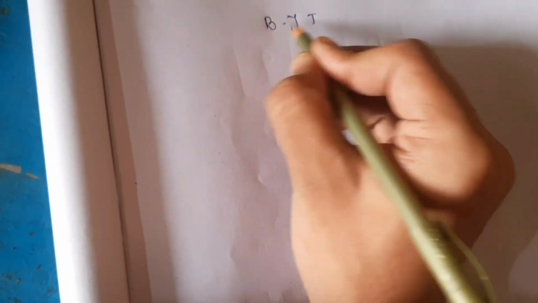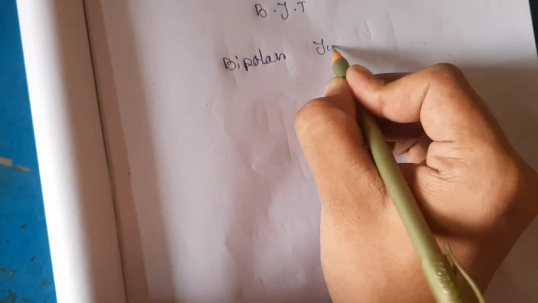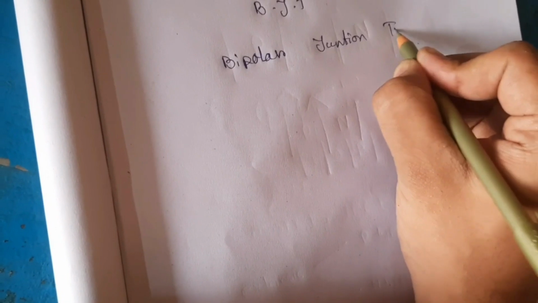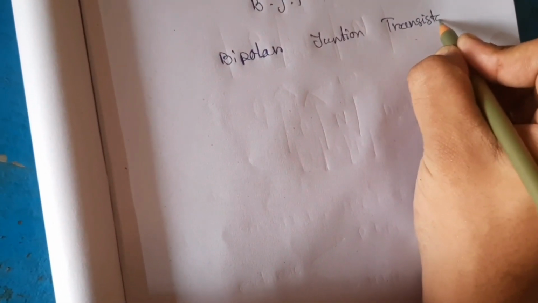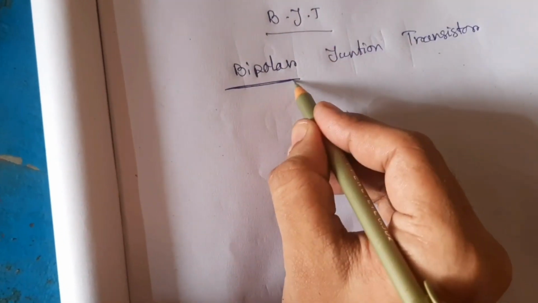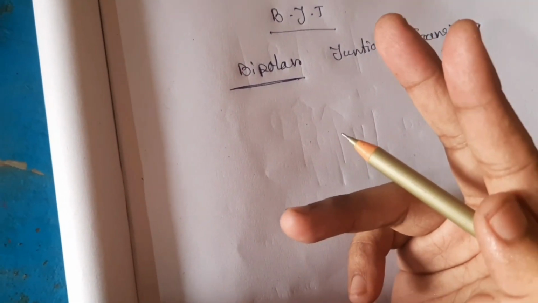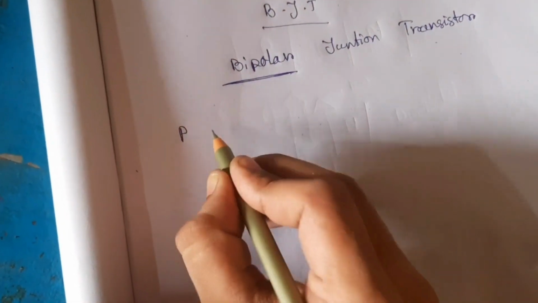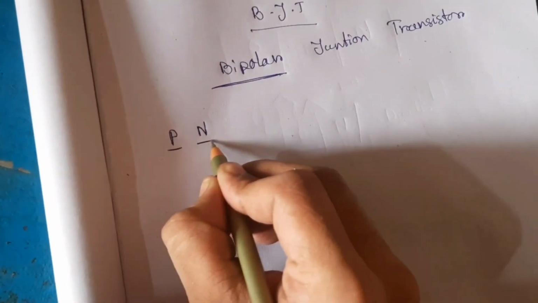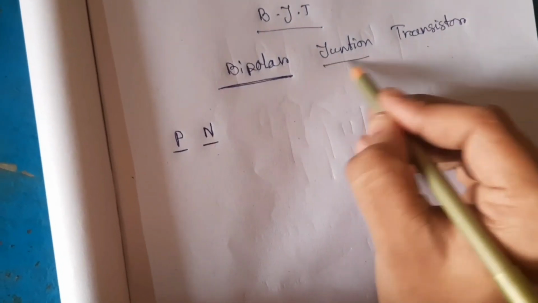BJT means bipolar junction transistor. What does this bipolar mean? The term bipolar means that there are two types of semiconductor, one is P type and another is N type. Two types. This means bipolar. And what is junction?